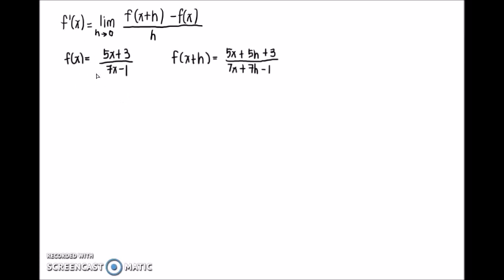We have here the derivative of f of x is equal to the limit of f of x plus h. That means this whole thing here we'll have to copy.